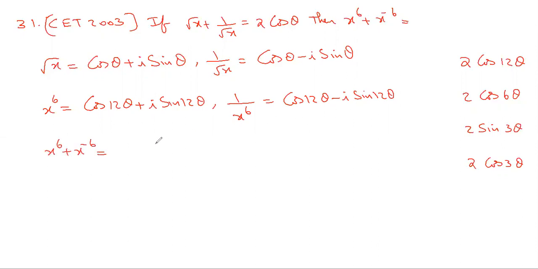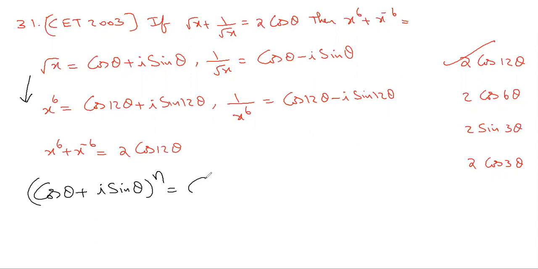When you add these two, the i sin 12 theta gets cancelled, giving 2 times cos 12 theta. So that's the first option. Again, the de Moivre's theorem that I used from this step to this step is (cos theta plus i sin theta) whole power n equal to cos n theta plus i sin n theta. Same that we used in the 27th problem.